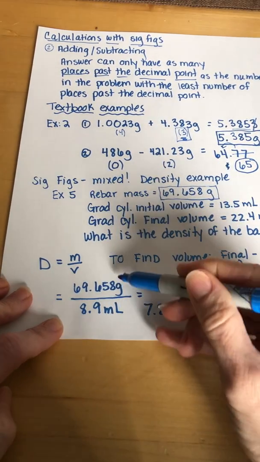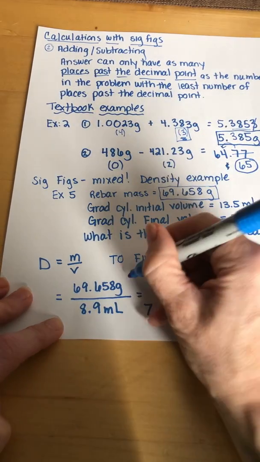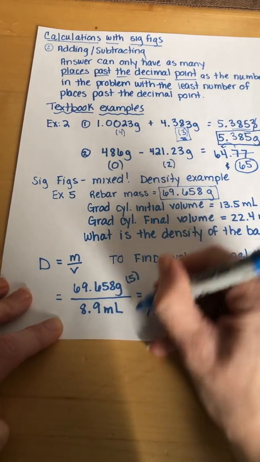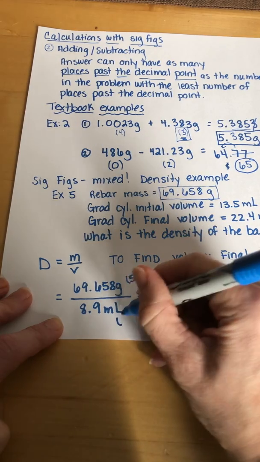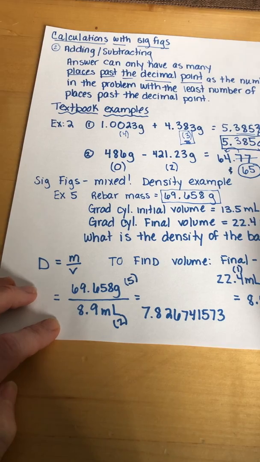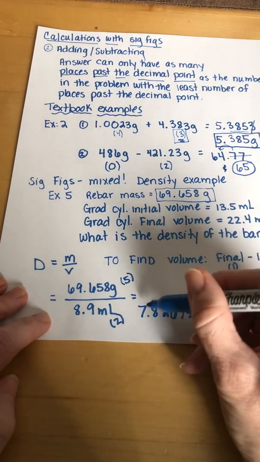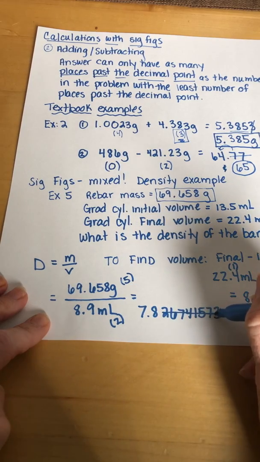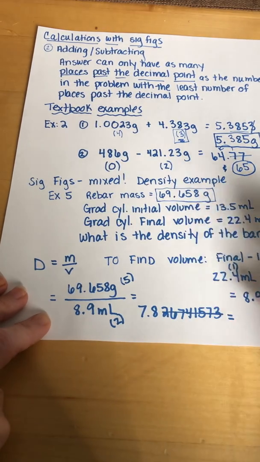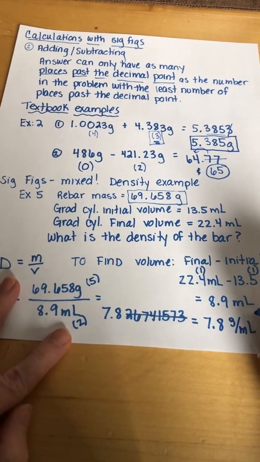All right, when I'm dividing, that's going back to counting the total sig figs. So this first measurement has 5, the second one has 2. When you divide, you go by the least total number of sig figs. So that means my answer can only have 2 sig figs. So all of that gets dropped off. The 2 doesn't do anything to the 8, so 7.8 grams per milliliter is my final answer.